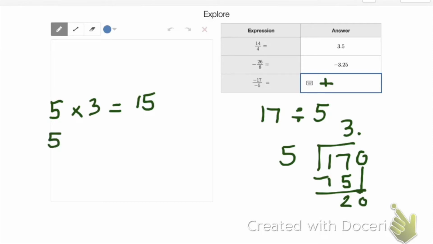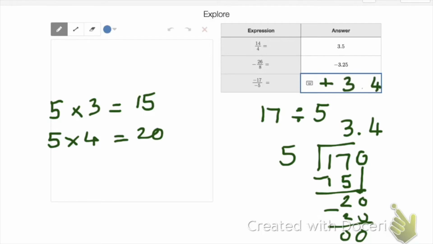So 5 times 4 equals 20. So negative 17 divided by negative 5, the answer will be positive 3 and 4/10.